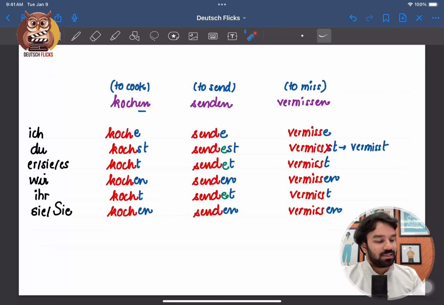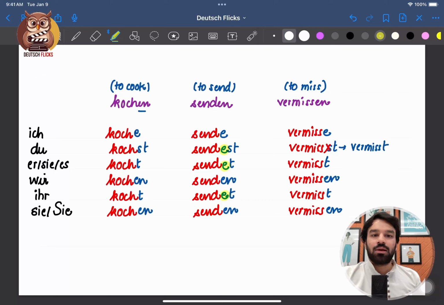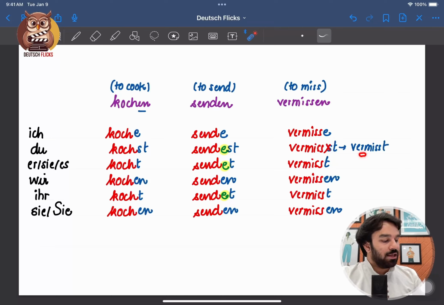But in the case of senden, since my root is ending in d, I have added an extra e with du, er/sie/es, and ihr. Please pay attention here. And in the case of vermissen, since my root is ending in s, I'll drop the s while conjugating with du, and I'll simply say du vermisst. So here we have a double s.